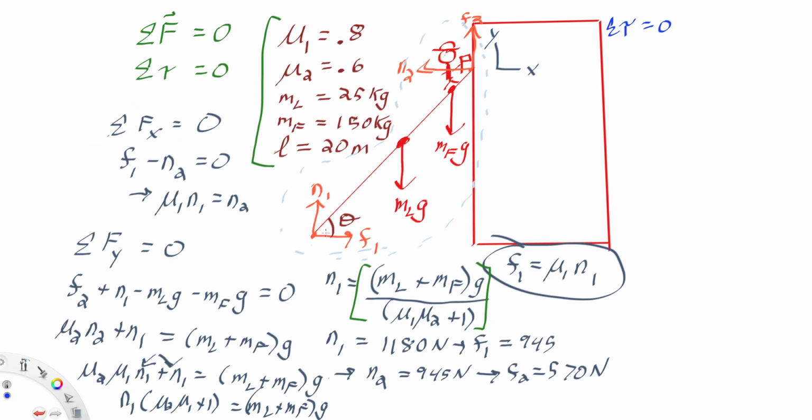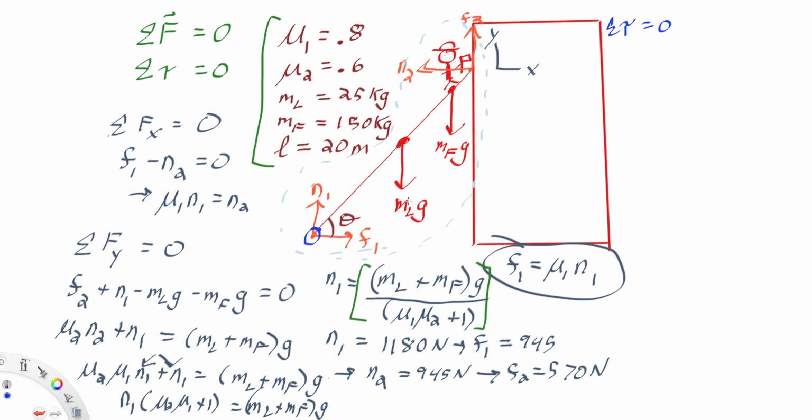So if our axis of rotation is down here, that means the torque due to N1 and the torque due to F1 are 0. So we have 1, 2, 3, 4 other torques to consider.